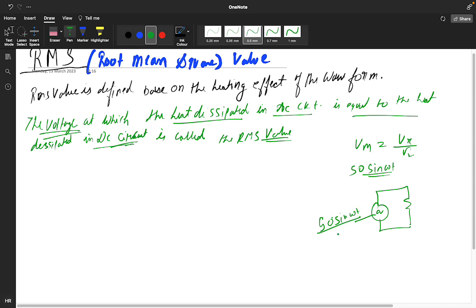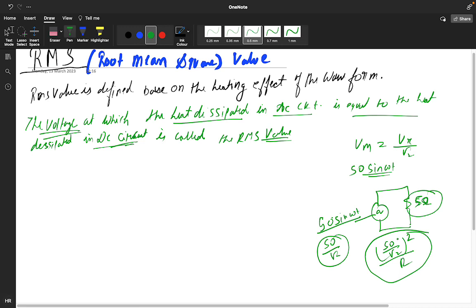What is the RMS value of 50 sine omega t? 50 by root 2. And this resistor is 5 ohm. So what kind of heat will be dissipated? 50 by root 2 whole square, V square by R, this is the power.